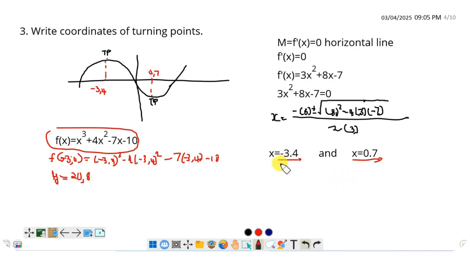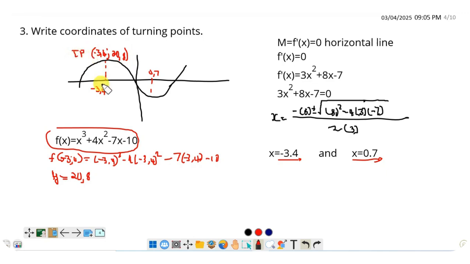So if x is that, the y value is 20.8, which means the coordinate for the turning point is negative 3.4 and 20.8, right? That is the coordinate for the turning point up there, when x is negative 3.4.